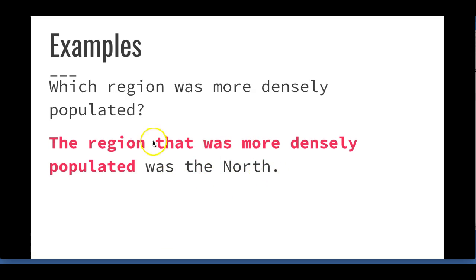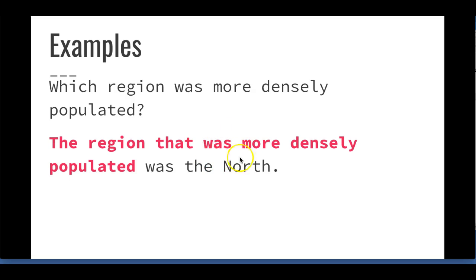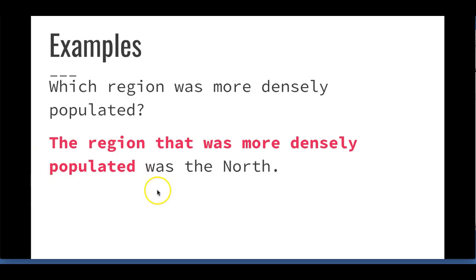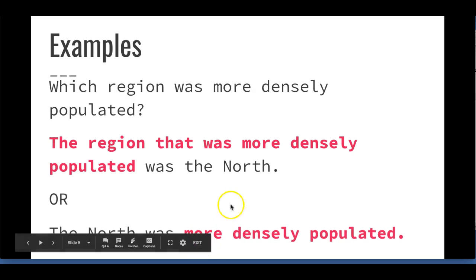Okay, so here is the subject, the region. This is was, your verb. Populated can be a verb too. And then the answer, the north. Or you might be able to write, the north was more densely populated.